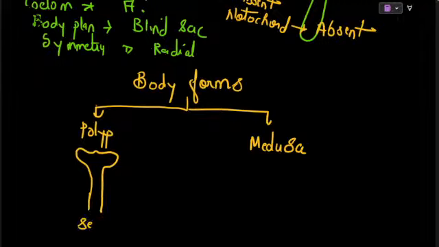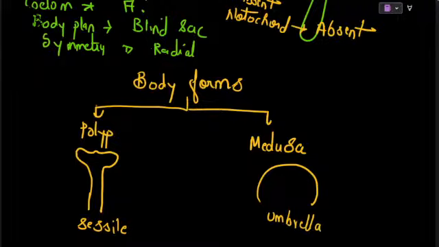So it means sessile, correct? Medusa is umbrella-like, free swimming or free floating, right? Next. So polyp shows asexual reproduction. Is it correct? And medusa, sexual reproduction.